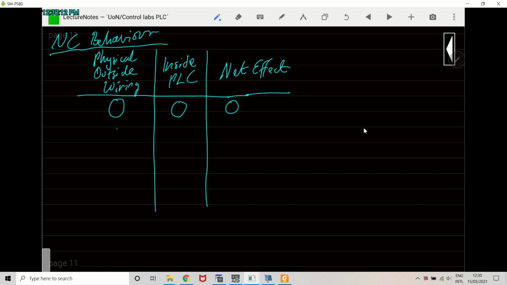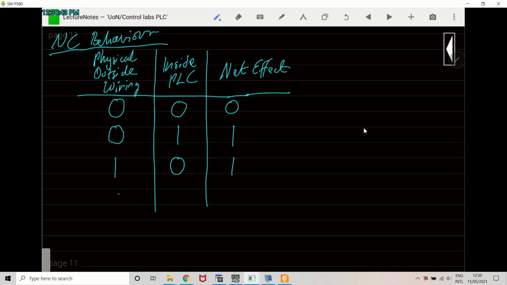If outside the PLC, in my physical wiring, I have a normally open contact, but inside the PLC, in my ladder diagram, I use a normally closed, I'm representing normally closed by 1, then the net effect will be normally closed. If outside the PLC I use a normally closed contact, and inside, in the ladder diagram, I have a normally open, the net effect is normally closed.